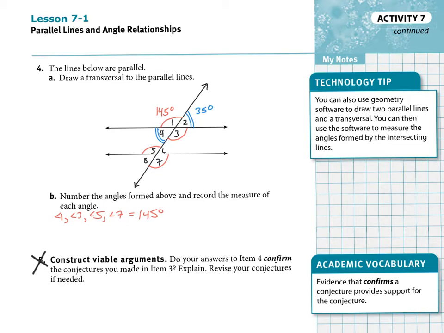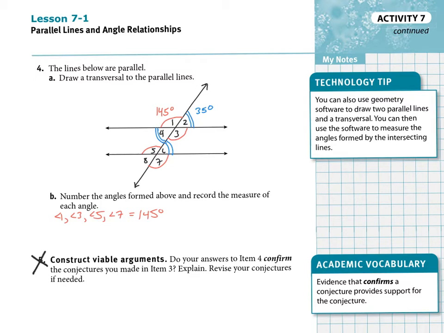Now, what if I didn't know angle 2, but I knew angle 4? What else could I find? Well, I could find angle 6, because they are alternate interior angles. So keep that in mind. We also know that is going to be 35 degrees.